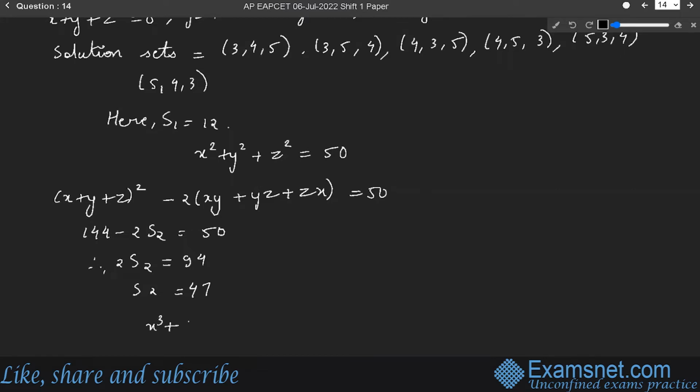Again, we have x cube plus y cube plus z cube is equal to 216.